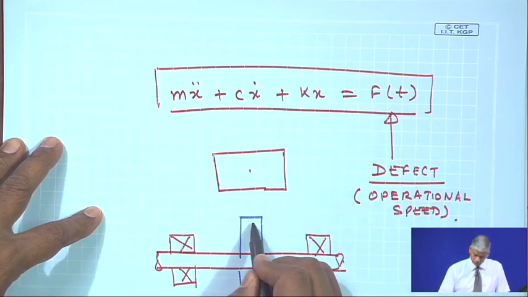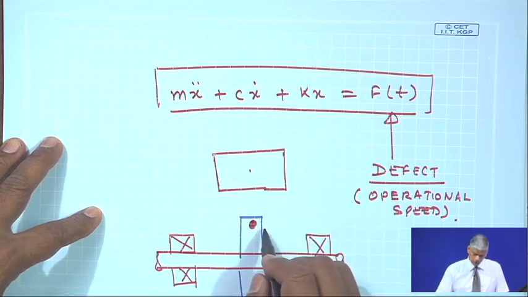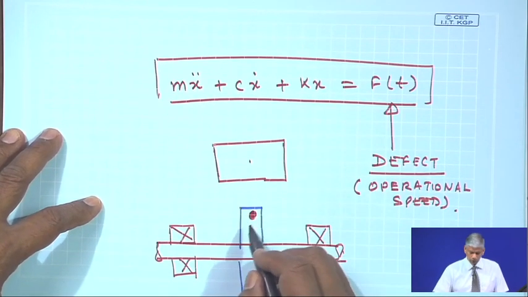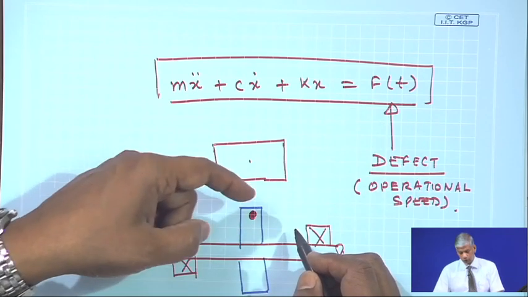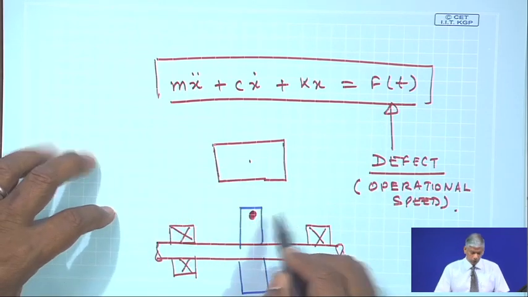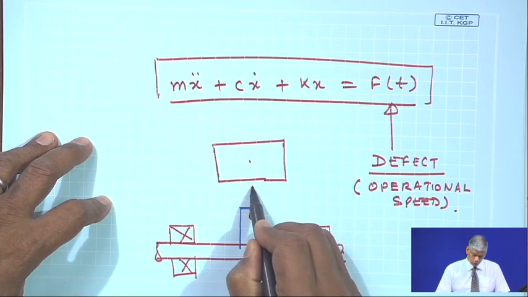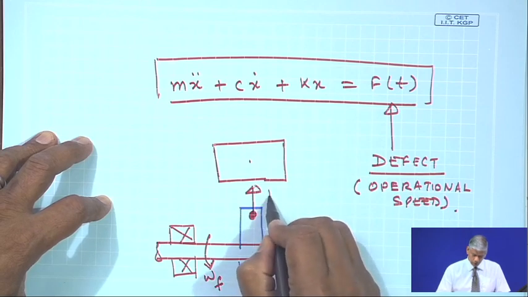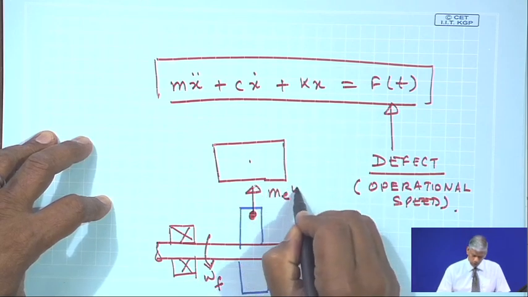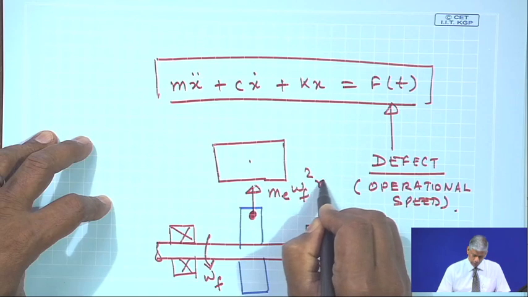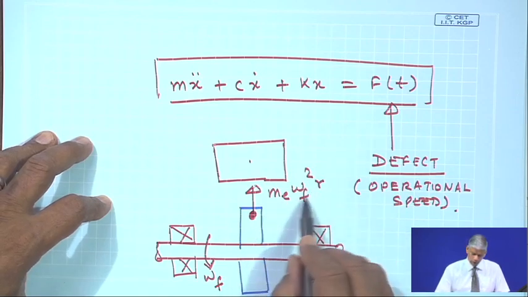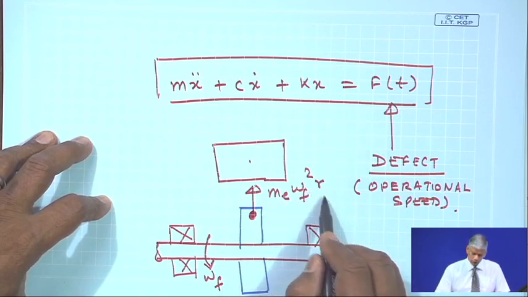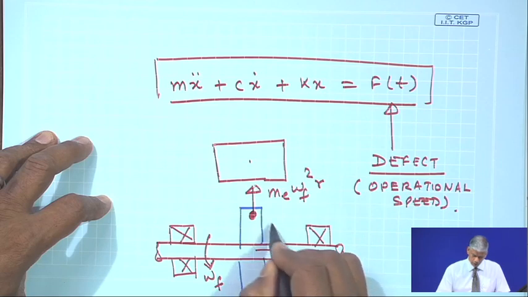And imagine there is a big amount of unbalanced mass for some reason, because maybe this is a set of vanes and something has got stuck in the vane. And this is rotating with a frequency of omega_f. So, if this unbalanced mass was m_e, this should be the force m_e omega_f squared r, where r is this distance from the center line.